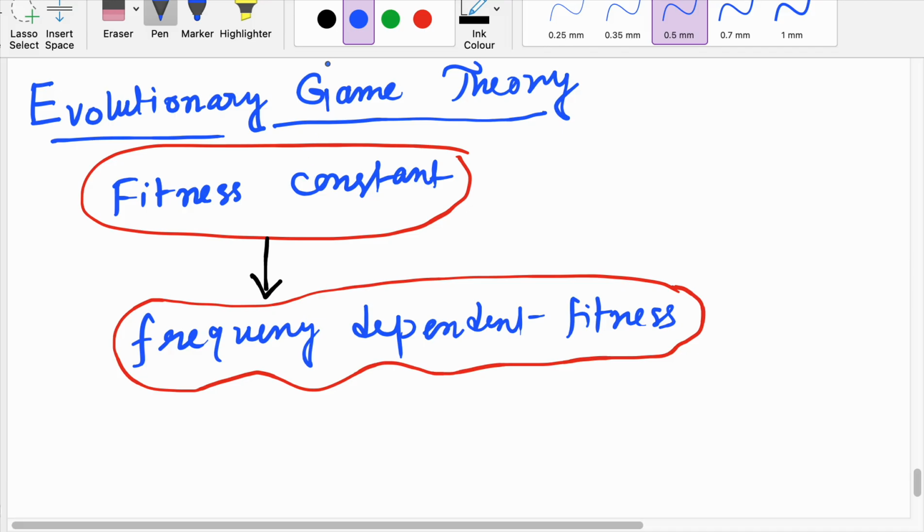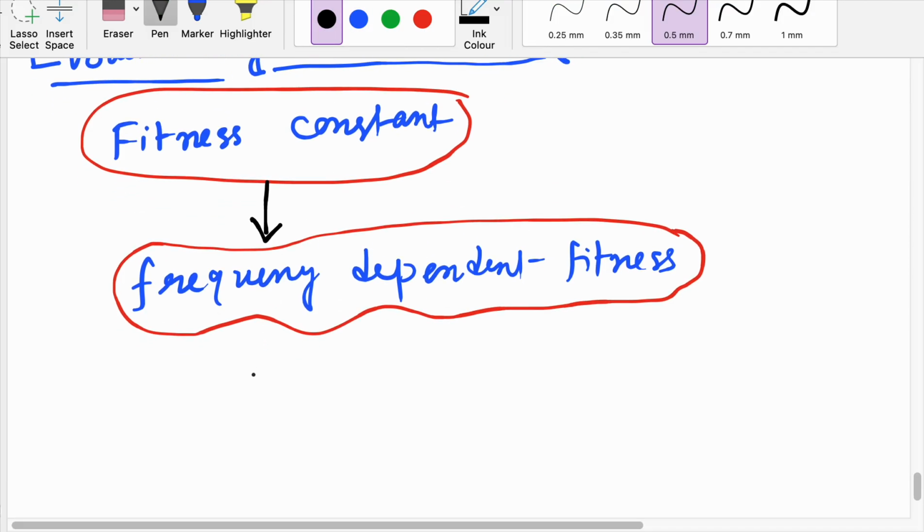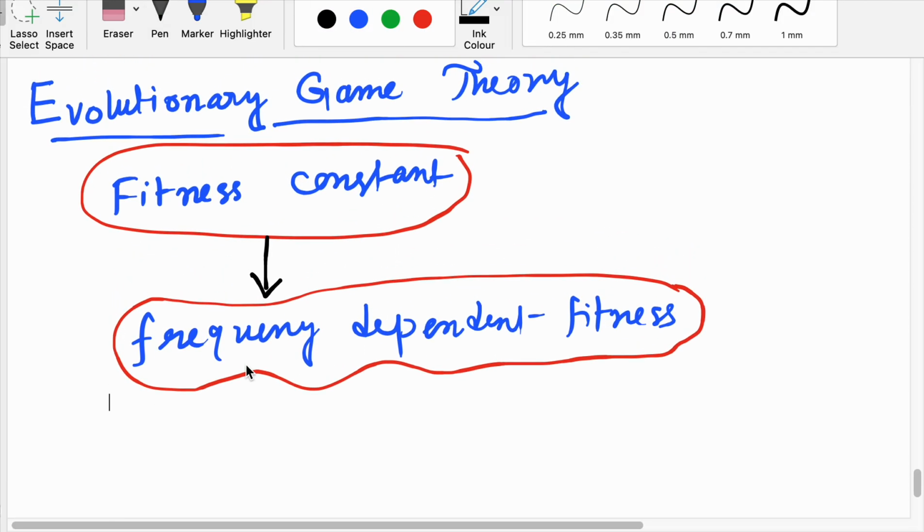Now we have to know a little bit about game theory. What is game theory? Then we'll come to how we can introduce this game theoretical concept in evolutionary dynamics, and naturally, as an artifact of using game theory, you will find that frequency dependent fitness automatically comes into the picture. What do we mean by frequency dependent fitness?